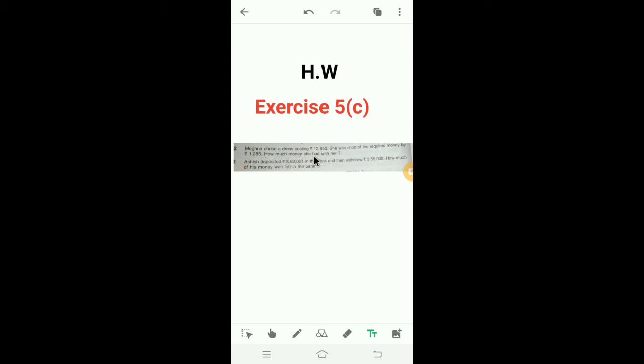How much money did she have with her? Third question: Ashish deposited rupees 8,62,001 in the bank and then withdrew rupees 3,55,008. How much of his money was left in the bank?